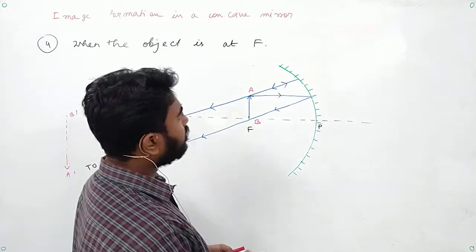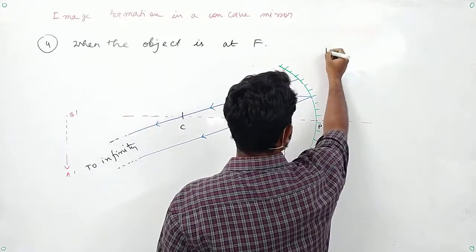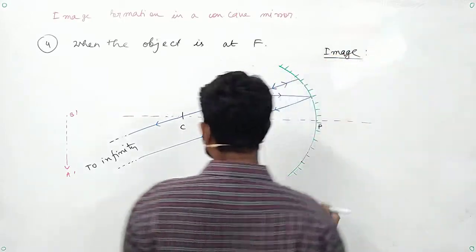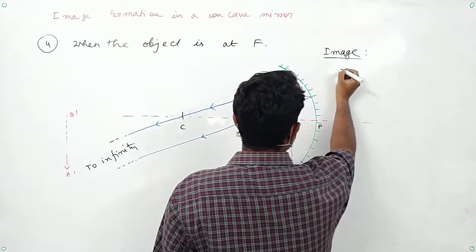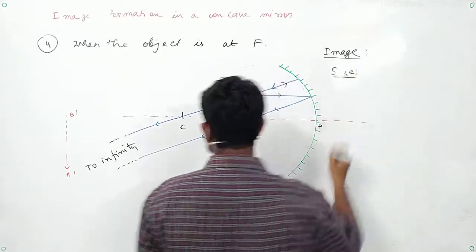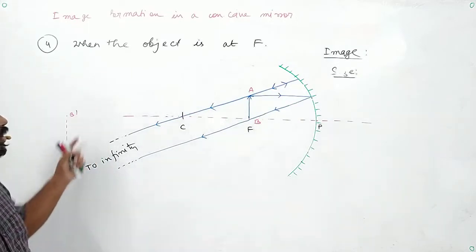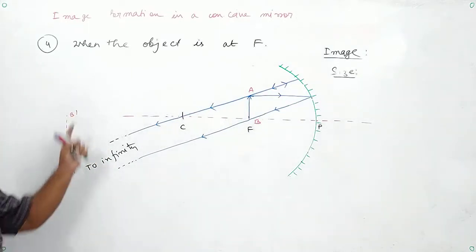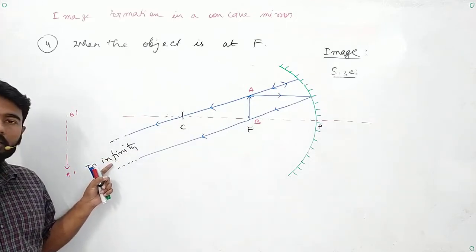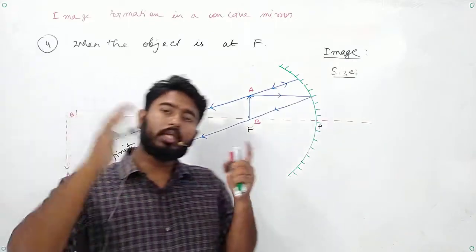The properties of the image. See, first property is the most important property. What is the size of the image? We cannot say the size of the image because we don't know where this image will actually form. We are saying it will form at infinity, but we don't actually know where it will form.